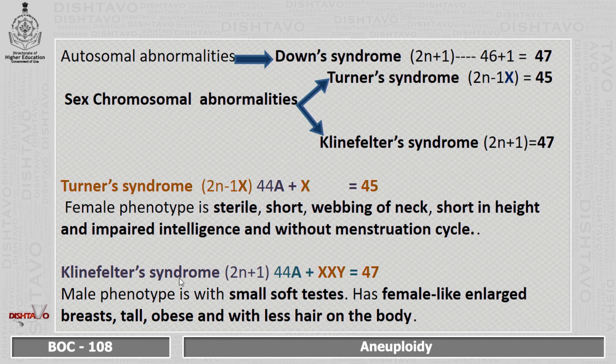The Klinefelter syndrome, the individuals are more male type, they look like males, but they have small, soft testes which are not developed. That is because the extra Y is here, although it would have been a female, but that one chromosome of sex chromosome being extra there, total is 47. They look like man, but they have female like enlarged breast, they are taller, obese and with less hair on the body. So we see here aneuploidy can bring about change in the phenotype.